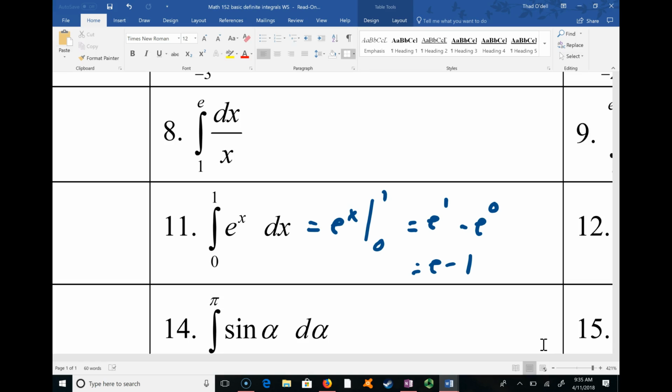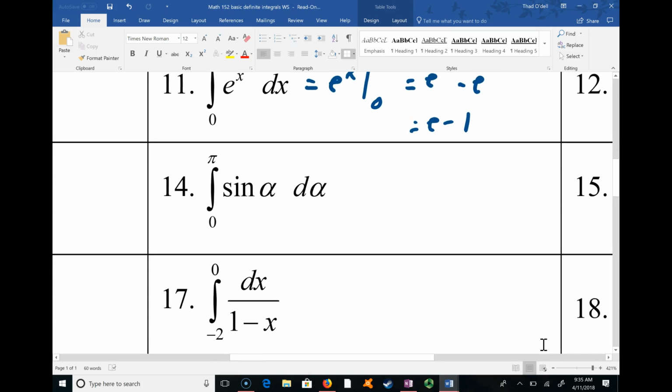Okay? Ooh, what about sine? The antiderivative of sine. Yikes. Well, sine comes from cosine, right? But what's the derivative of cosine? Negative sine. So that means I'm going to have to put a negative cosine out here. Because that way the derivative of negative cosine would be positive sine.